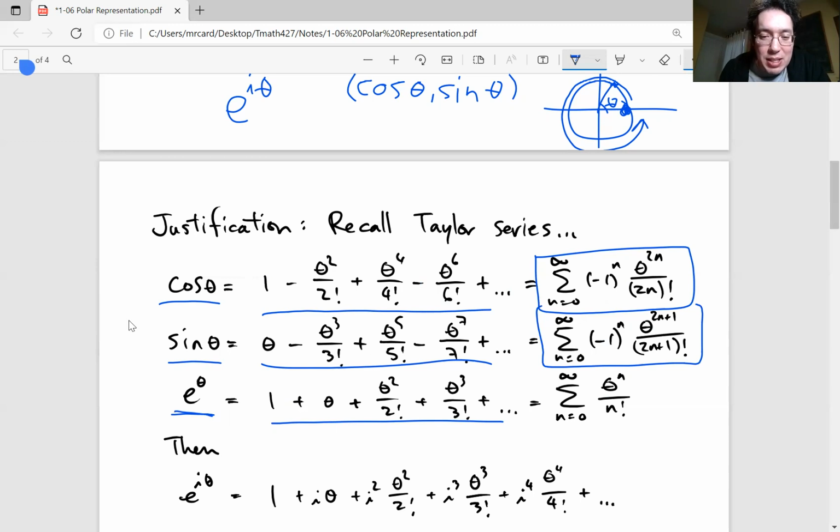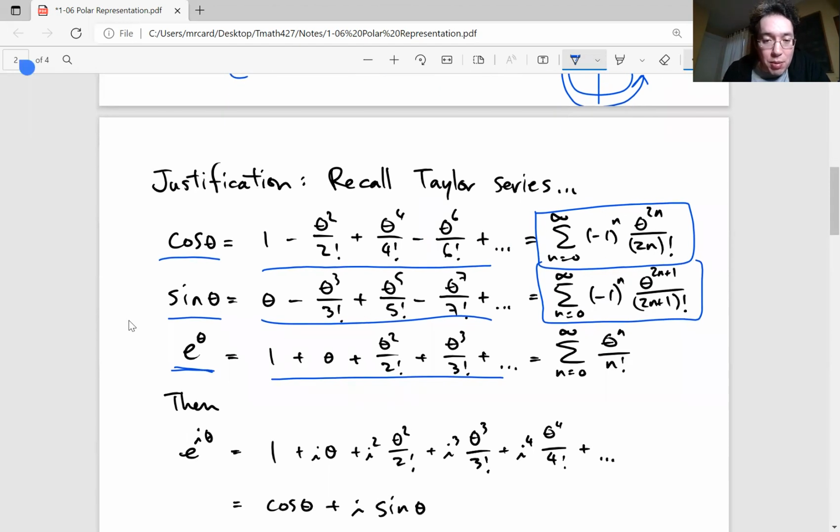Because there are alternating signs. Let's see what happens if you plug I theta into this Taylor series. Instead of theta here, we're going to have I theta. And when you have the second exponent, you also have to raise the I to the second power.